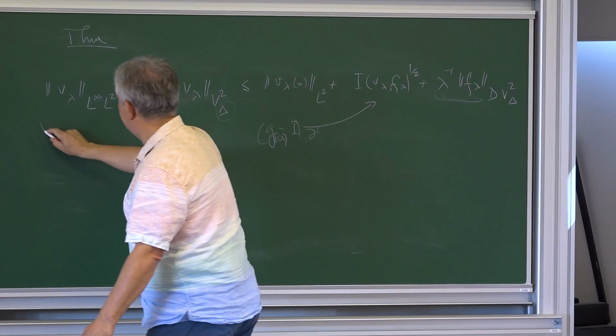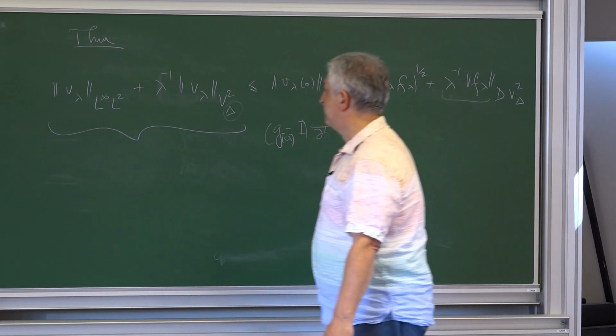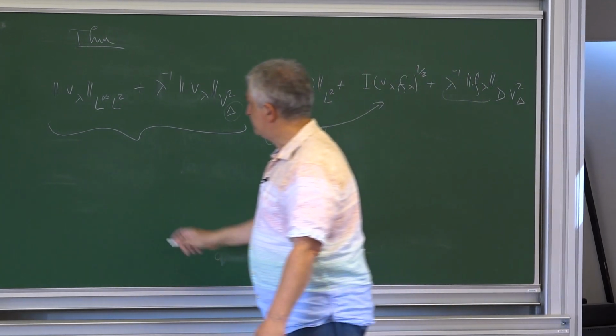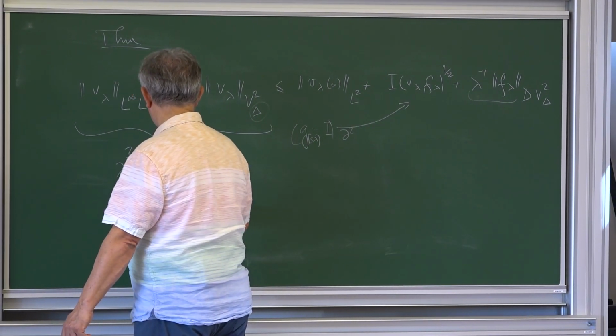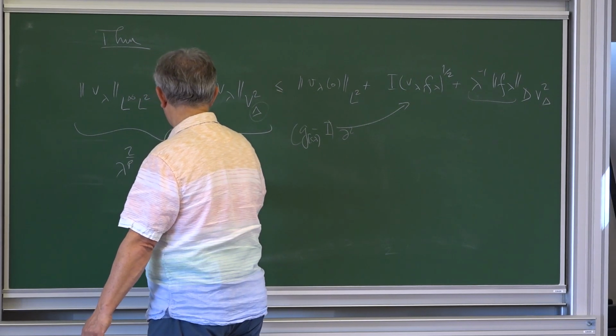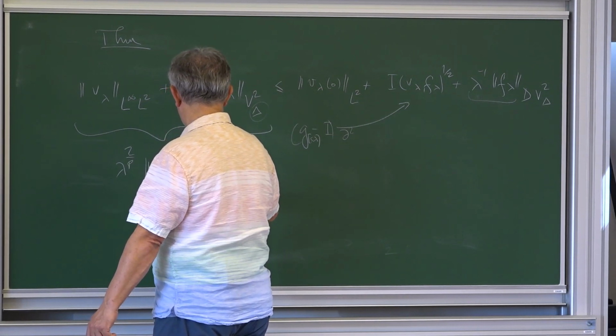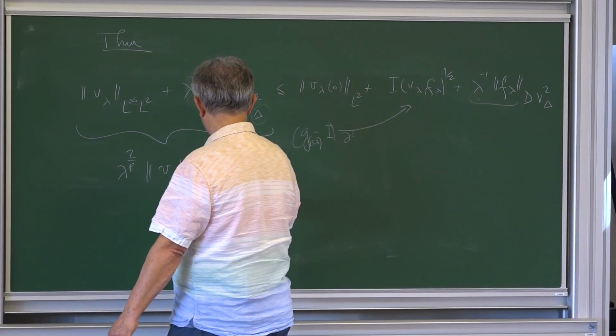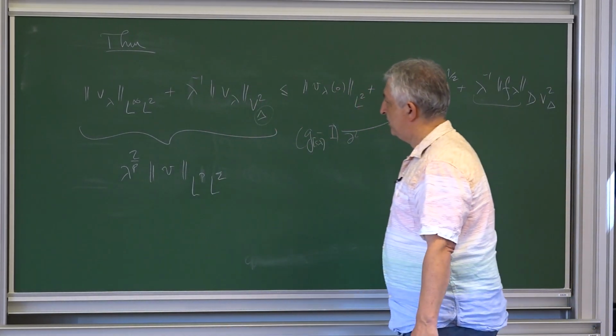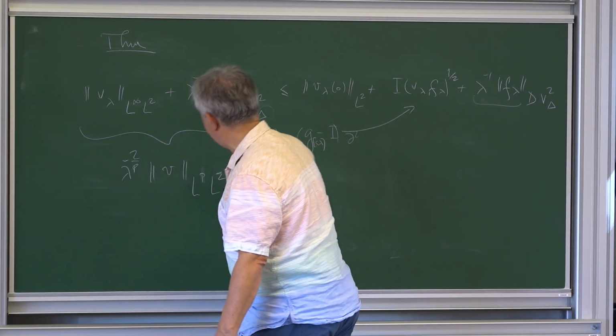And so if you look at what this expression on the left controls, this controls exactly lambda to the power 2 over p times the norm of V in L^p L^q. This is the Strichartz norm, lambda to the power minus 2 over p.